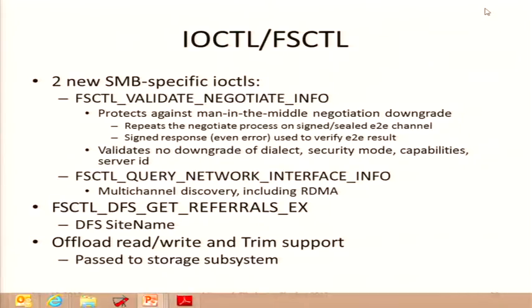Query network interface info is another new one that you'll see clients issuing when they do detect SMB 3.0 end-to-end. It's used for multi-channel discovery, including RDMA. Basically, the client will connect over one TCP link first, always. Once it negotiates 3.0, it will query for other possibilities. The server will enumerate other network interfaces.